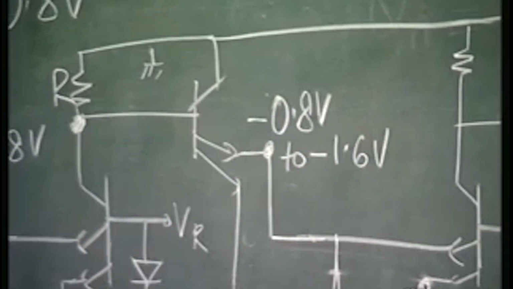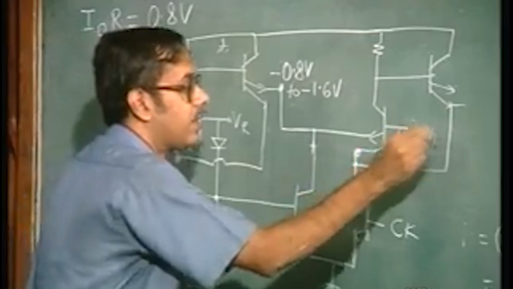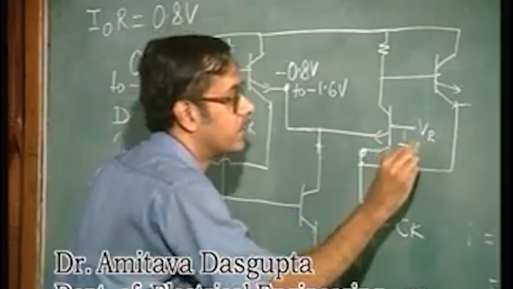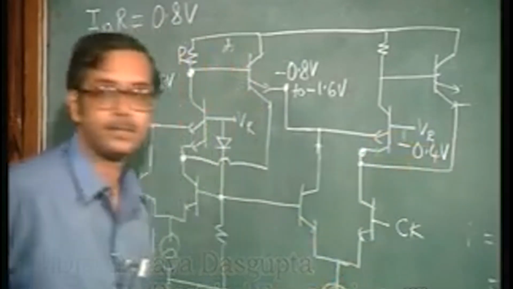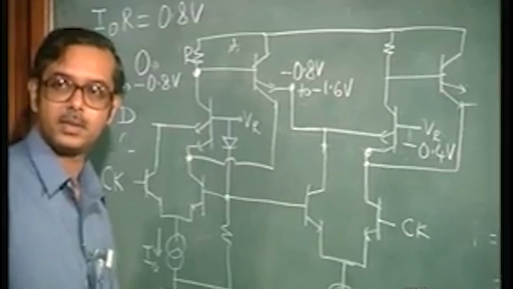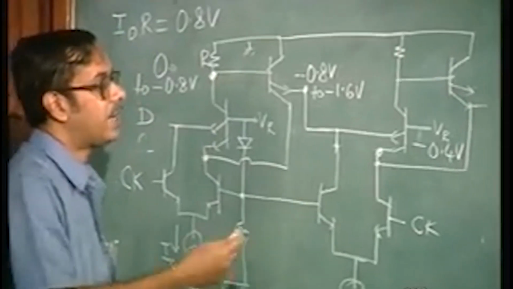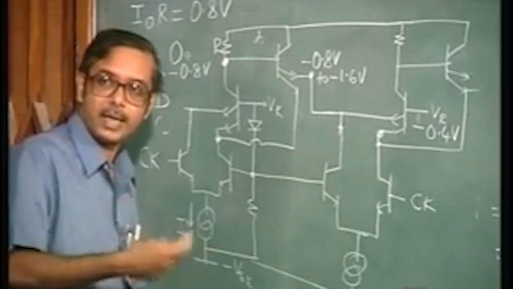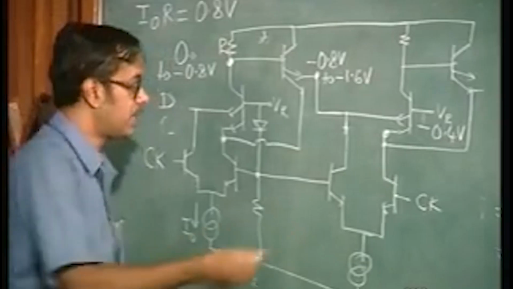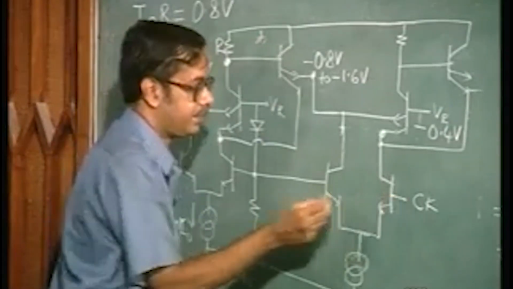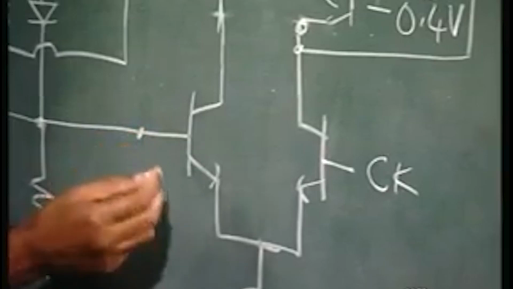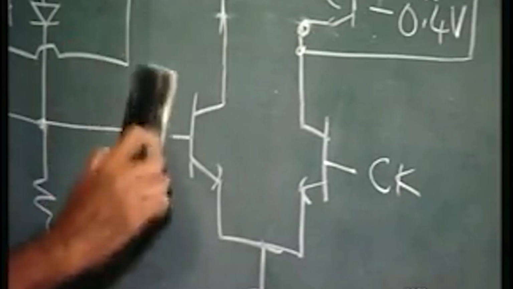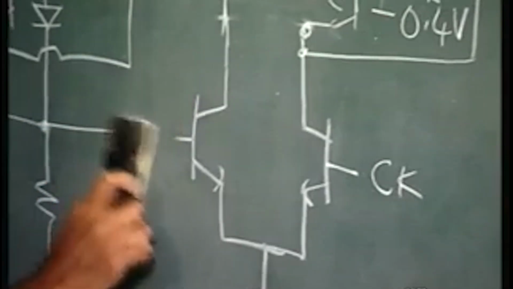Now, the VR of this circuit, let us choose it to be minus 0.4 volts. And so, VR minus V on is going to be how much? Again minus 1.2 volts. So, for the lower part of the stack, suppose I think we will take a different circuit.